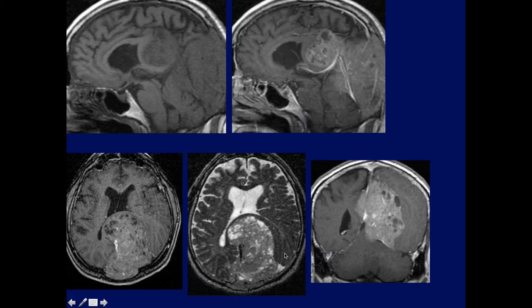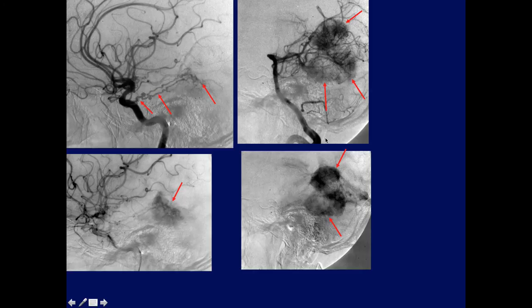And here's another case that we had showing this massive falcine meningioma. Also notice it's kind of involving here. So this again a falcotentorial meningioma, maybe mainly falx, markedly deforming the adjacent brain structures.